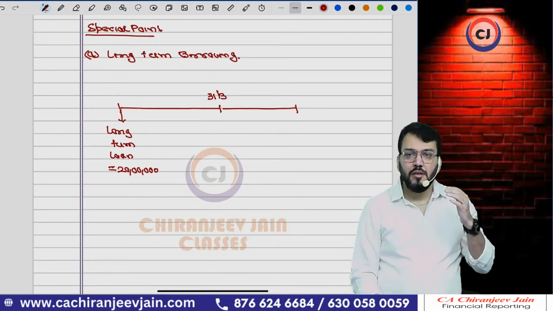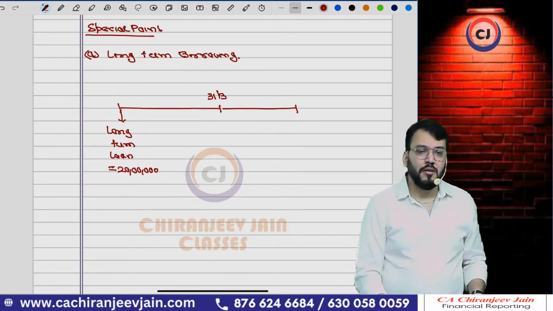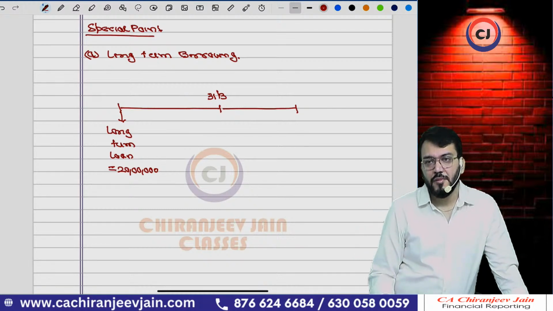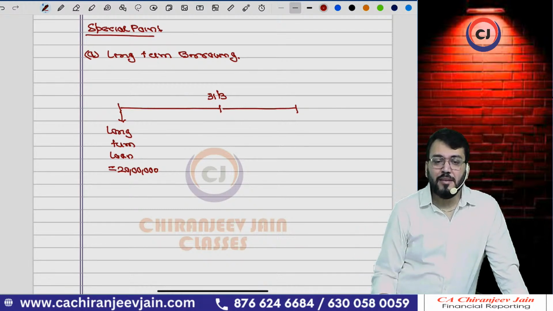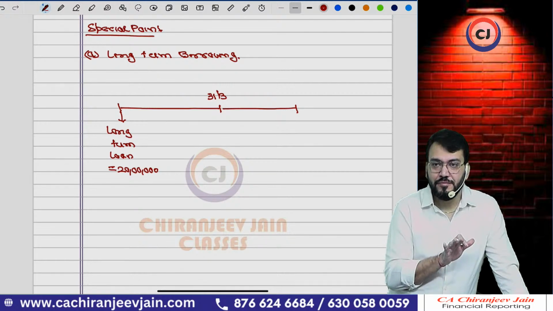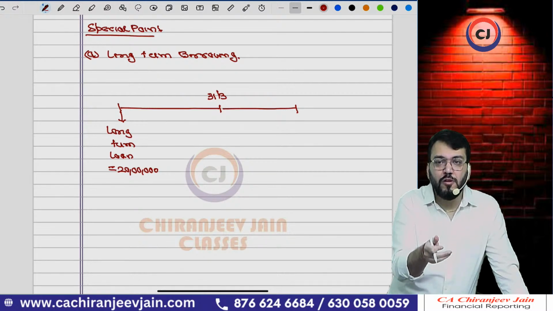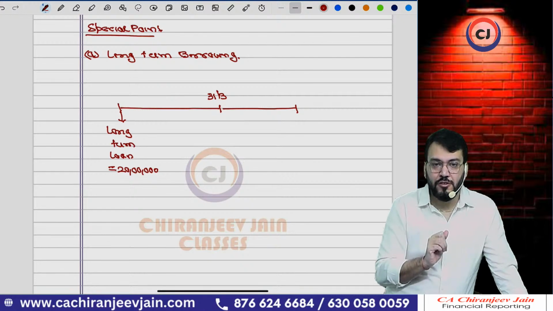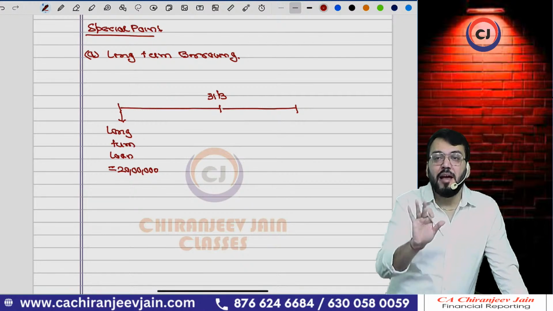Understood? And there was one condition that if there is any breach of contract, means suppose the entity is not able to fulfill any condition given by the bank.